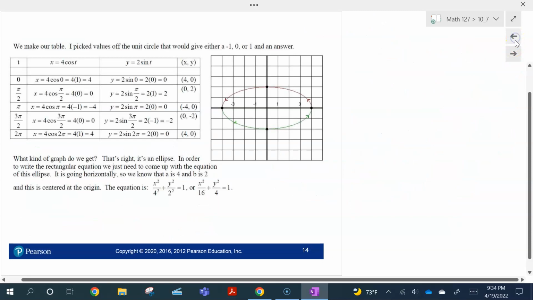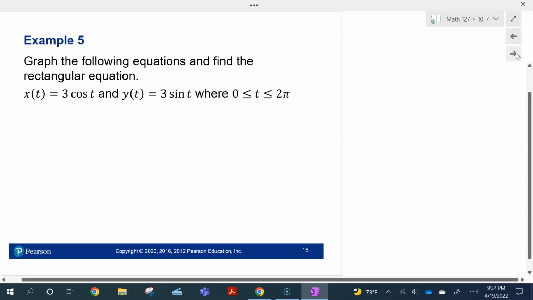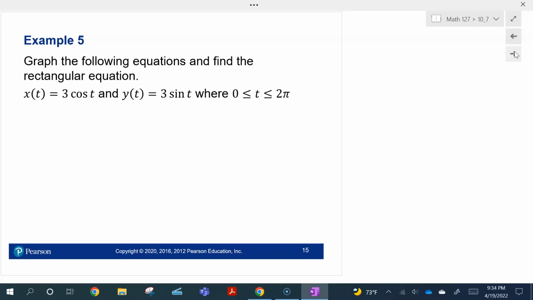There's a little better picture of it, by the way. Let's do this one now. How about 3 cosine t and 3 sine of t?